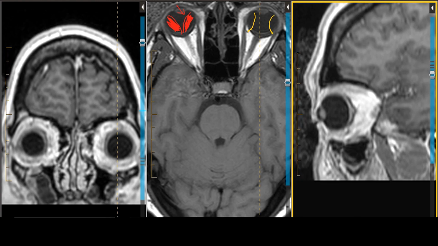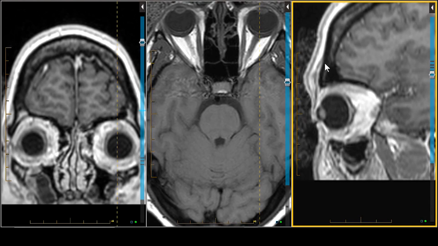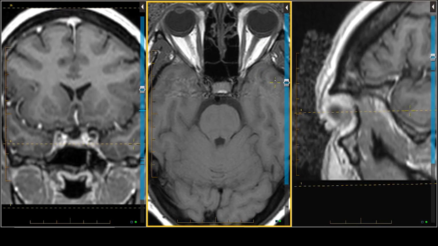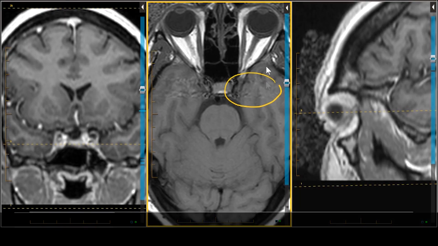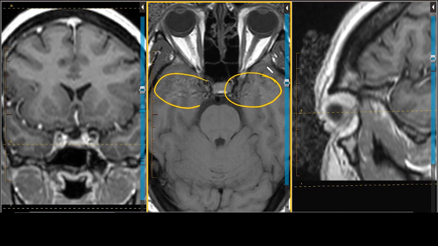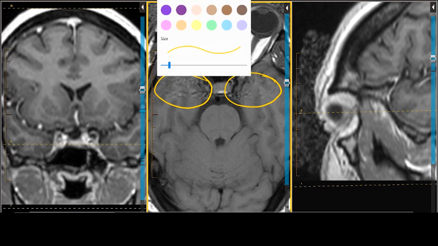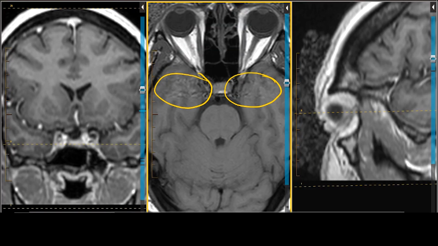The third point I'd like to make is regarding the fields in the orbit. Now, most people know this from medical school training, but let's make some fields here. We've got a field on the left and a field on the right. Now I'll use something like red to show you the temporal field.